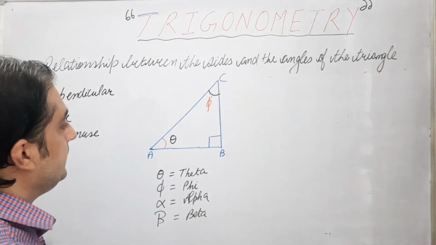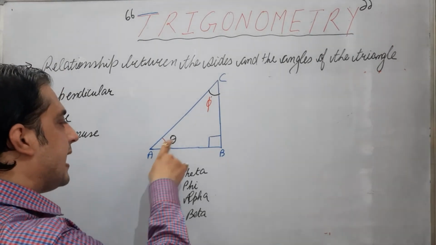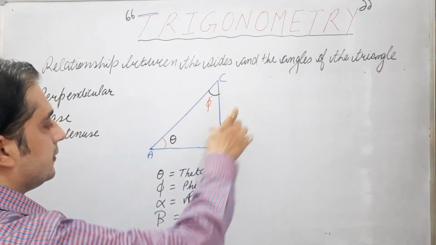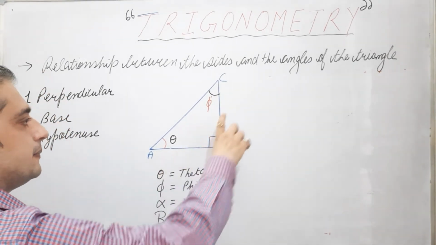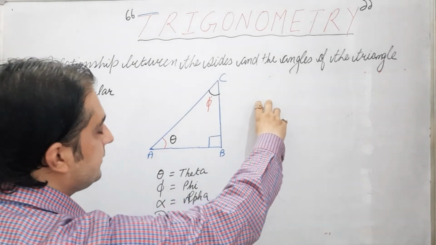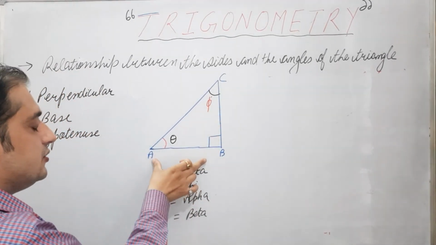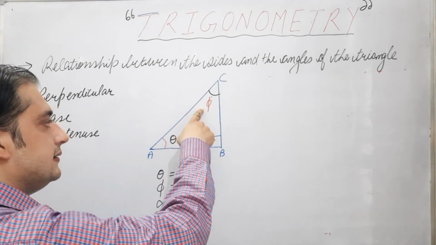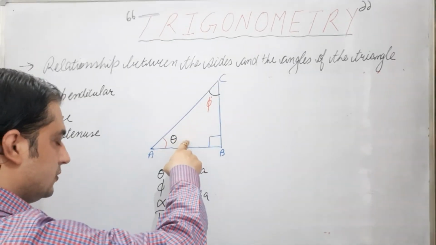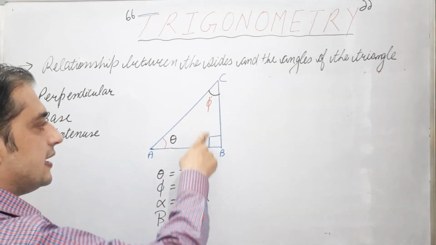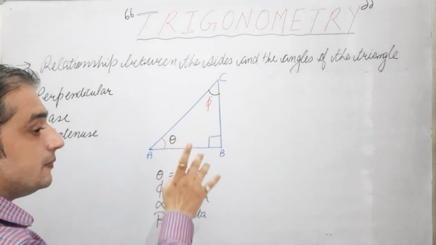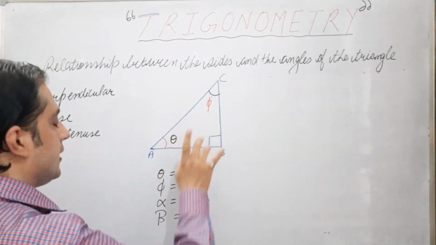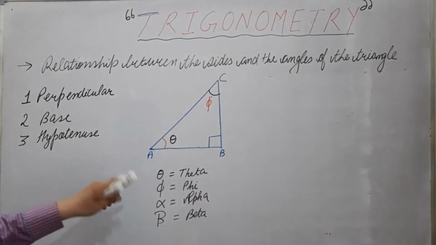But the main thing is, when you are considering angle theta, this BC will become your perpendicular and AB become your base. Perpendicular कह लो इसको, चाहे इसको height कह लो, right? And this AB become your base. When you are considering angle phi, that is angle C also, the side opposite to the angle phi is your perpendicular, right? So corresponding to your angle of reference. So these are the Greek letters.